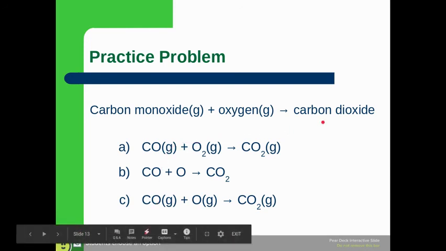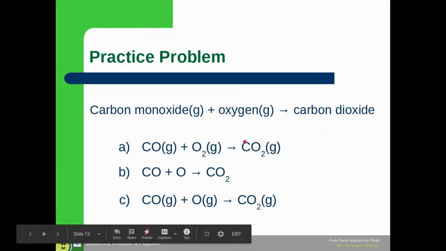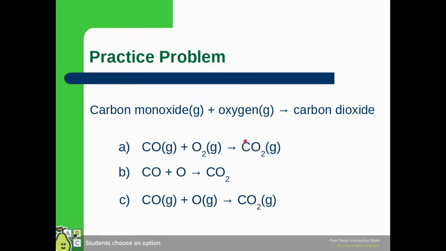And then if I look at carbon dioxide, no prefix in front of carbon means 1, and 2 in front of oxide means 2 oxygens. So both of these formulas for carbon dioxide are okay. The thing that's different between these two are the oxygens.